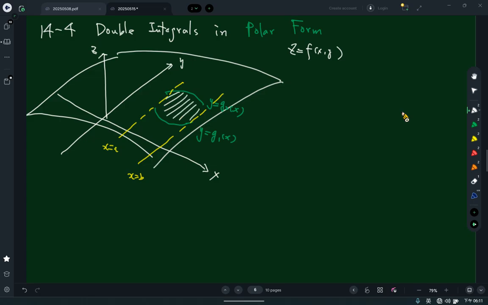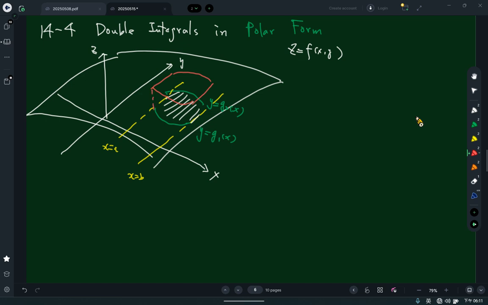This is a general region, and maybe the curve will be something like this.